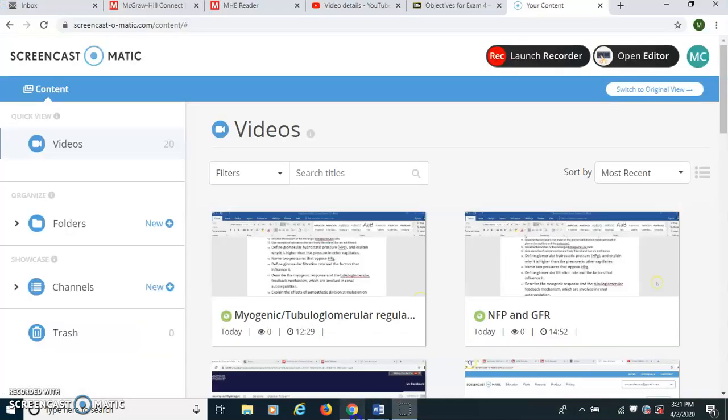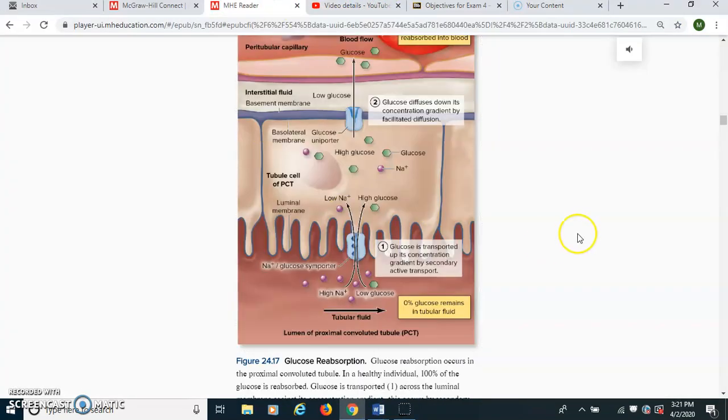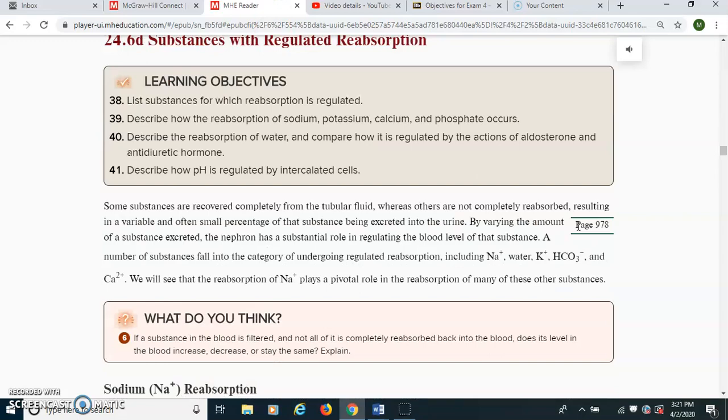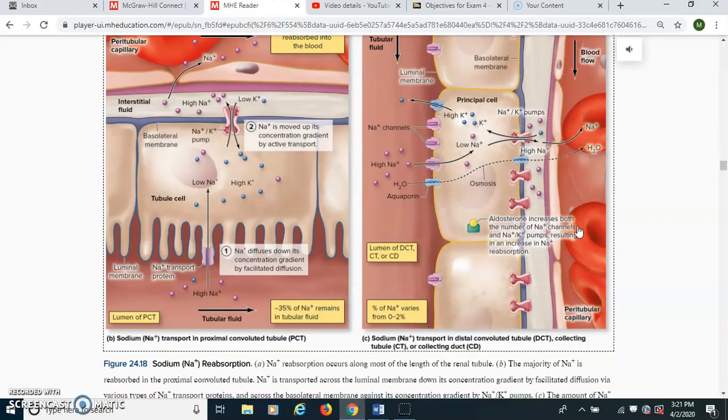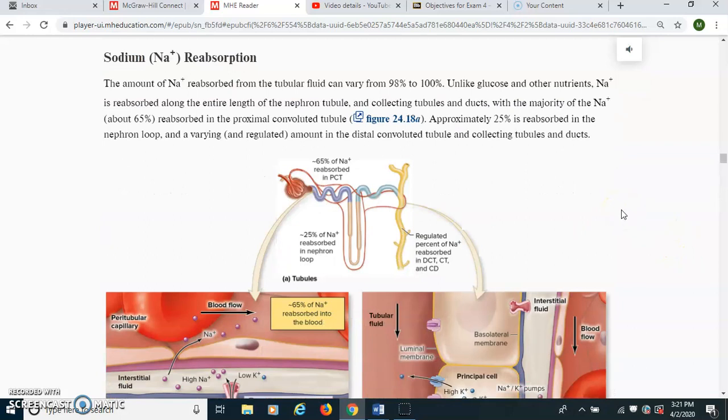So let me go to our picture. Okay, so I think this is our sodium one. Yep. All right, so how they did this is they show the nephron here with little peritubular capillaries, and then they enlarge it so we can look at what's going on at the cellular level.